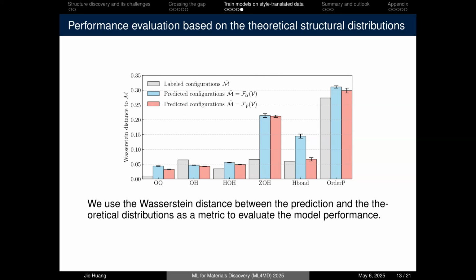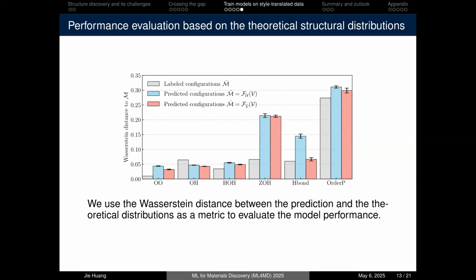This blue bar corresponds to the model trained only on the simulation dataset, and the red bars correspond to the models trained on style translated datasets.